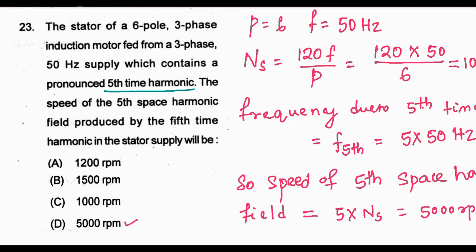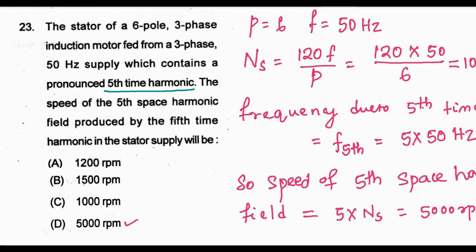So here the supply is containing the 5th time harmonic, so the MMF will contain the 5th space harmonic. What will be the speed of that one? As this is a 5th harmonic, this will be 5 times the synchronous speed. And what will be the synchronous speed?